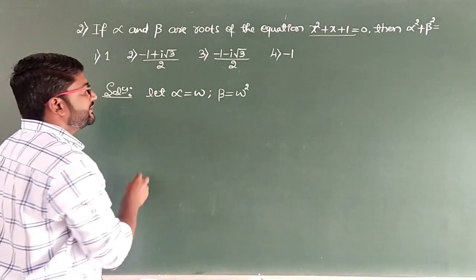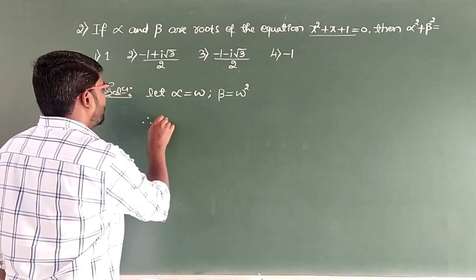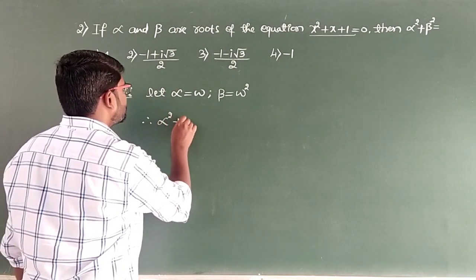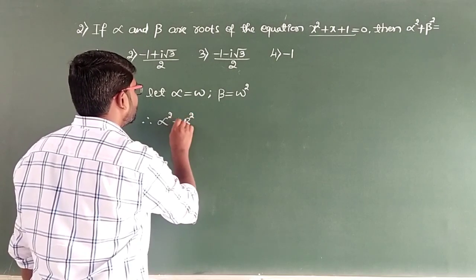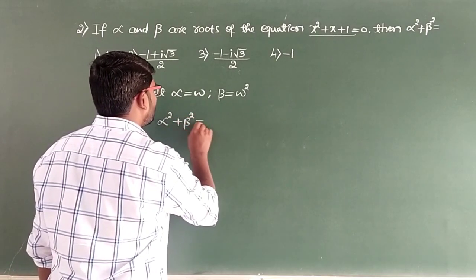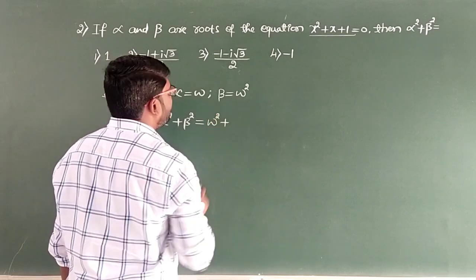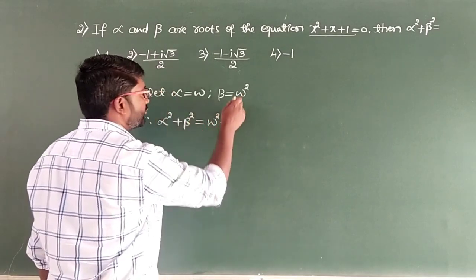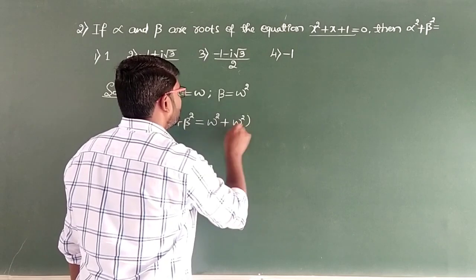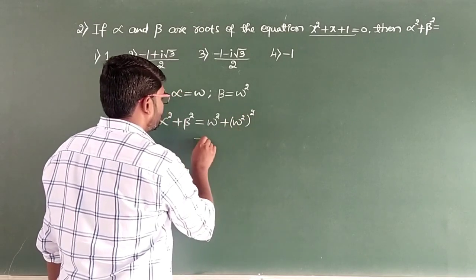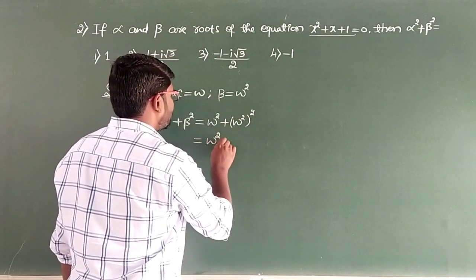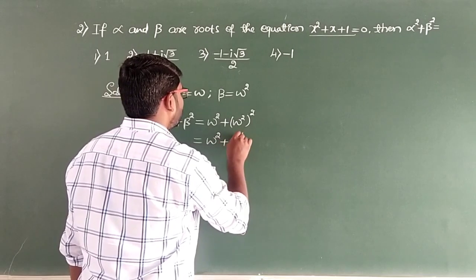Let us consider the condition now. Therefore alpha square plus beta square, which is equals to, alpha square means it is omega square, plus beta square will be, beta value it is omega square, then the whole square. So here overall we get omega square plus omega to the power 4.